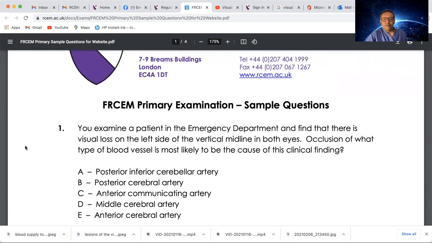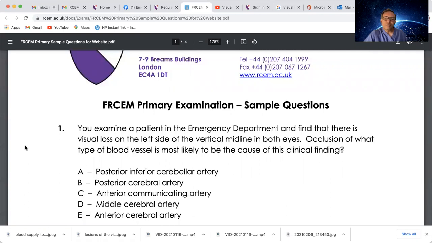You examine a patient in the emergency department and find that there is visual loss on the left side of the vertical midline in both eyes. Occlusion of what type of blood vessel is most likely to be the cause of these clinical findings?